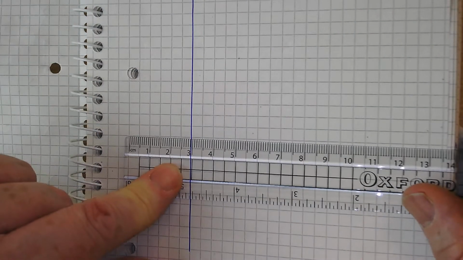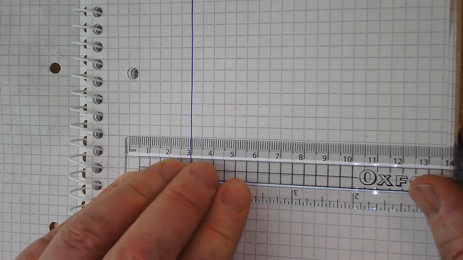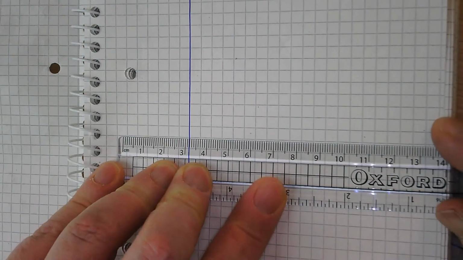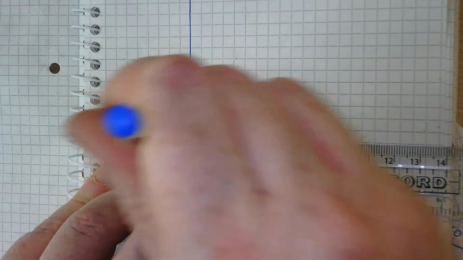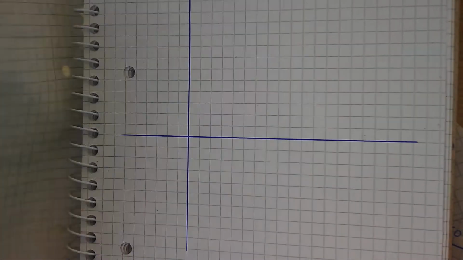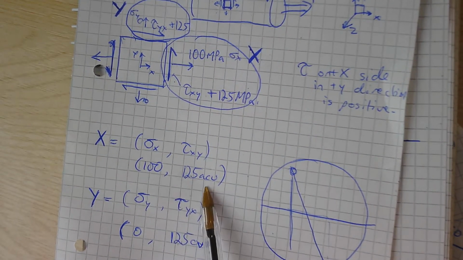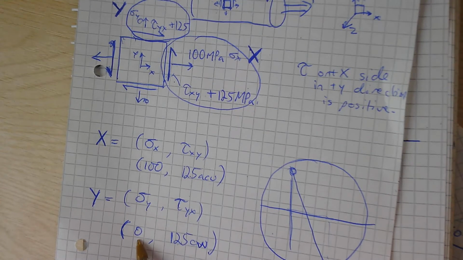Yeah, we'll go something like this. Okay, so my X and Y points then. My X point was out 100 and down 125, and the Y point is out 0 and up 125.